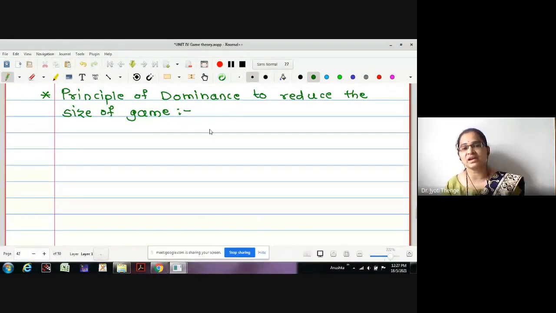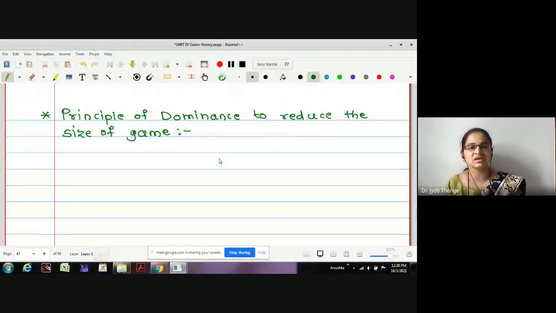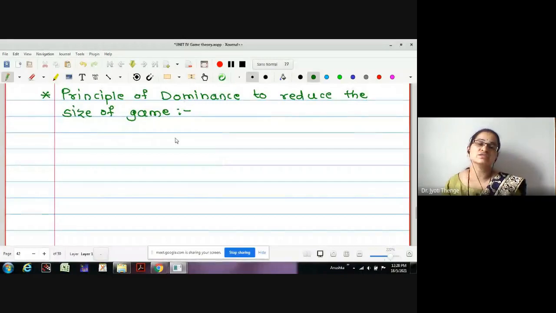The superiority characteristics may be in any aspect: looks, money, family, job, anything, right? But now we are going to use this dominance to reduce the size of a game.